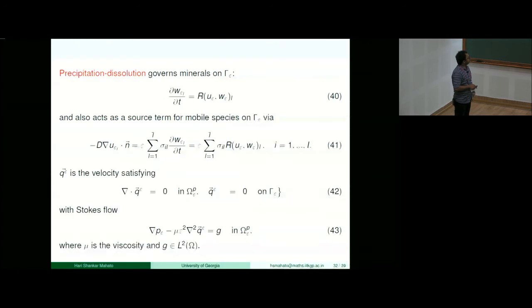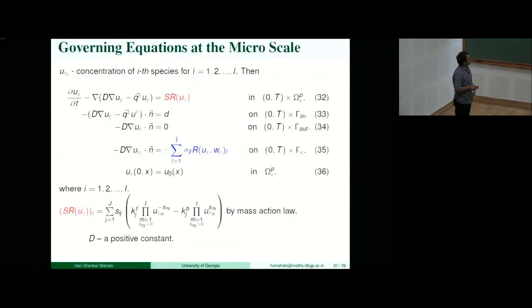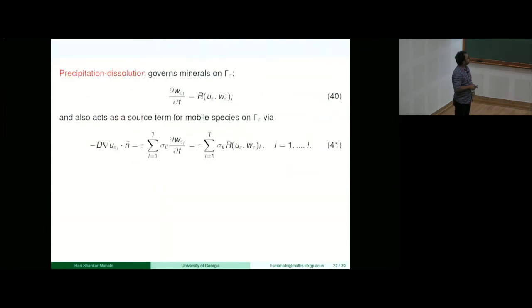And now we can model the entire situation by substituting for this minus of du y epsilon here. So here it will be basically precipitation minus dissolution term, and you have the ODE for the minerals. So we have the diffusion reaction equations for the mobile species, and we have the ordinary differential equations for the immobile species, complemented with some boundary conditions, of course.